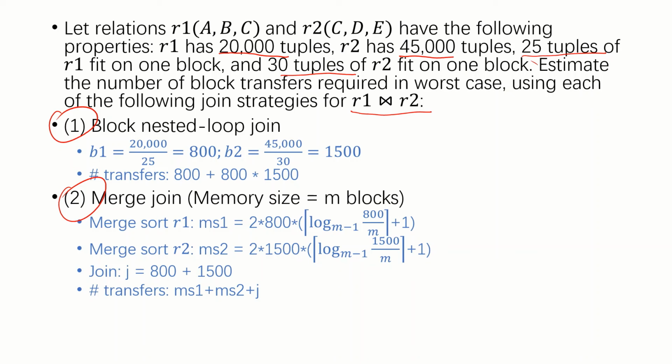Okay, let's look at the first one, the block nested loop join. The first thing we want to do is find out the number of blocks in R1.